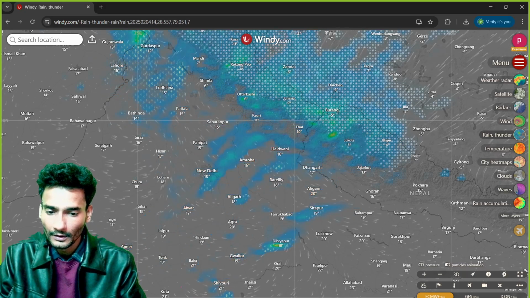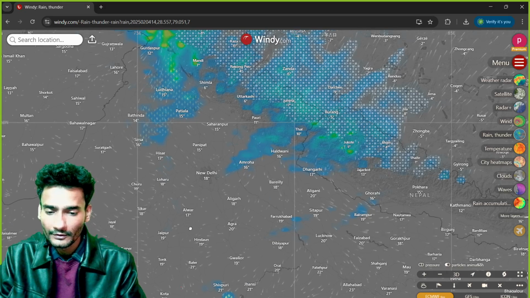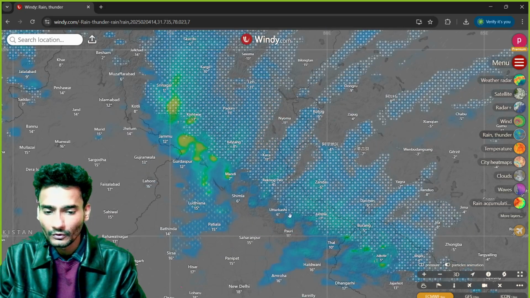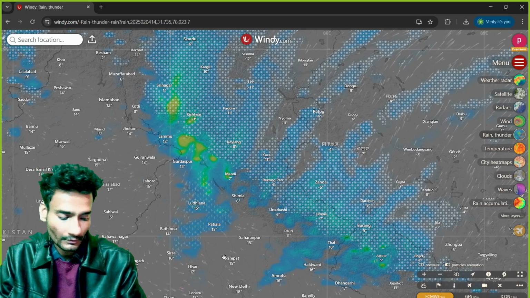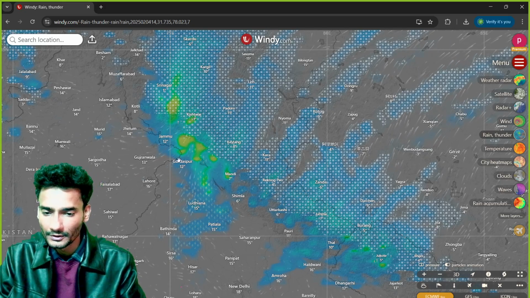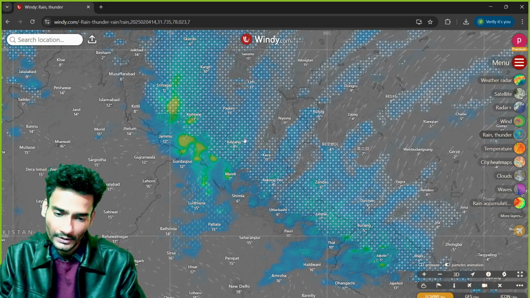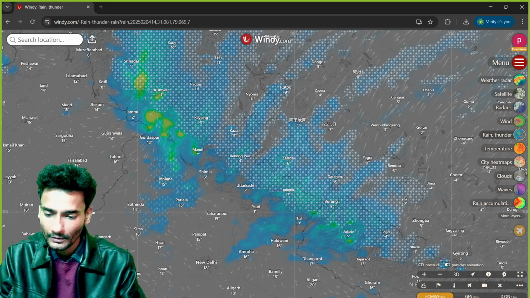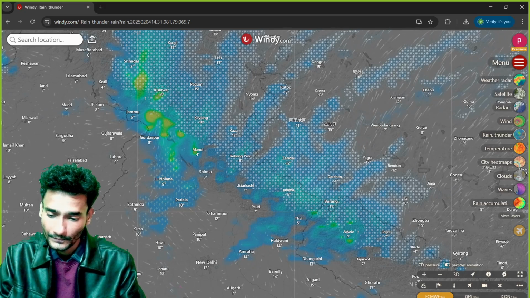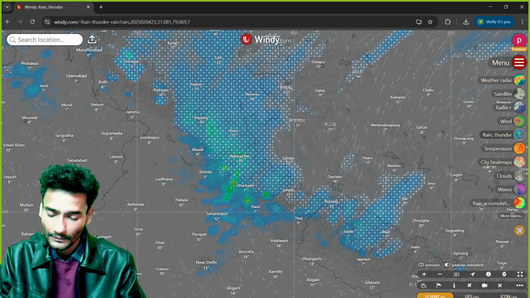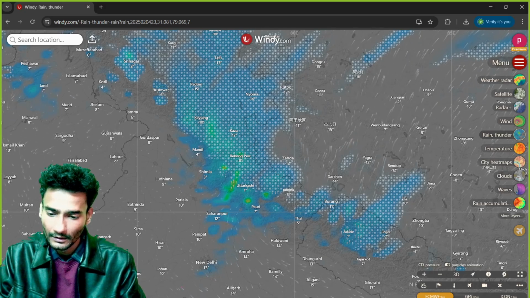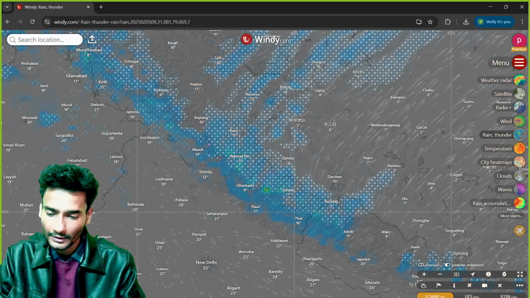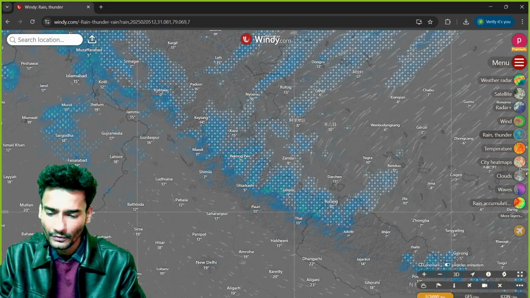But from tomorrow evening, the rainfall intensity will likely reduce over the northern plains, but it will increase over Jammu and Kashmir, Himachal, and Uttarakhand. So the foothills of the Himalaya will see more rainfall after the 4th. From Wednesday, rainfall will reduce over most parts of India.